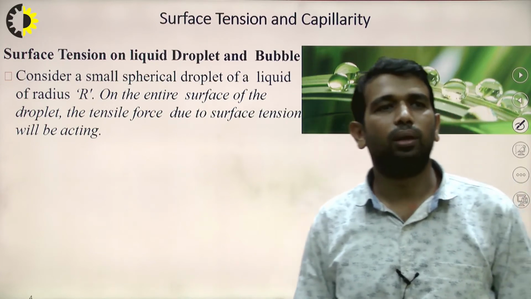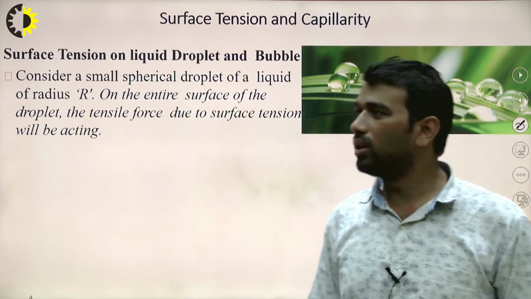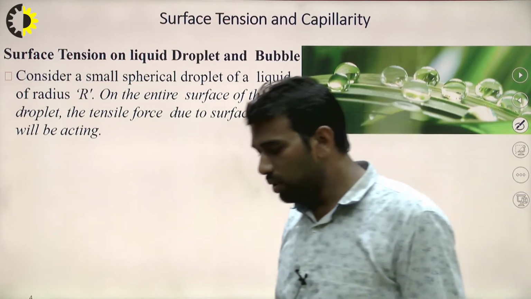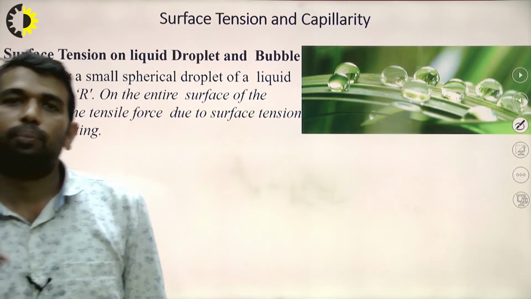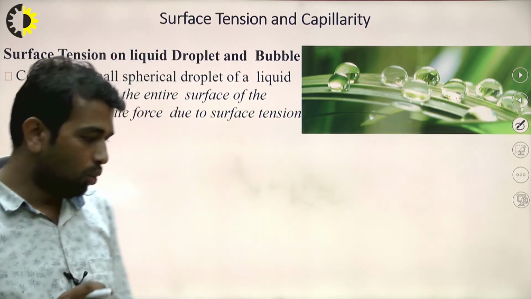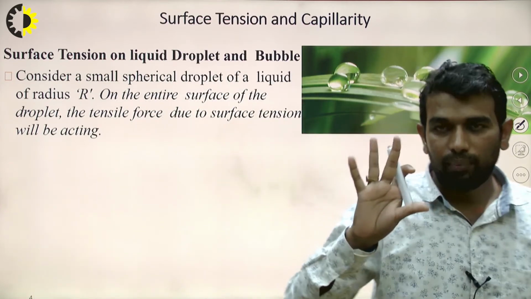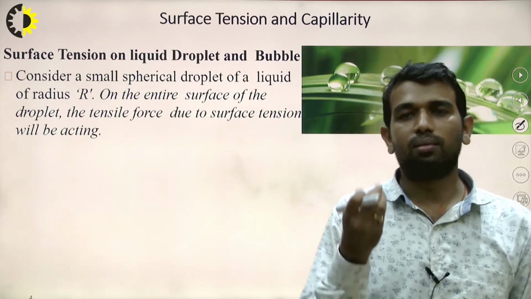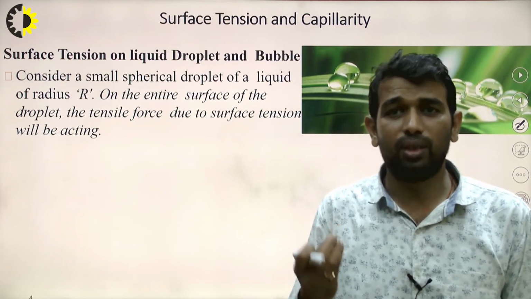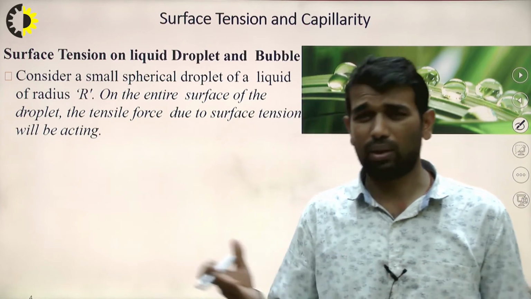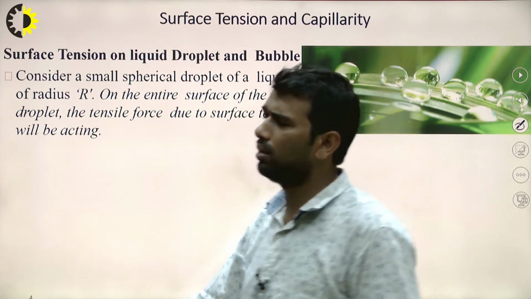So let's go through some mathematical calculation to find out how the forces are balanced in a given fluid. We are going to calculate the amount of surface tension present with that particular fluid. It's definitely a fixed parameter.